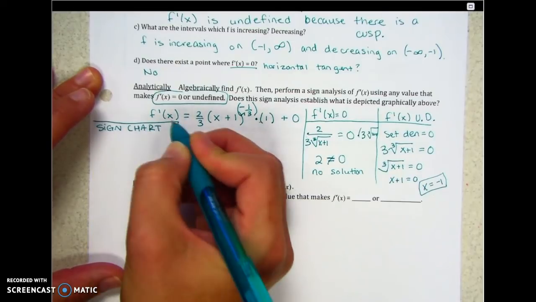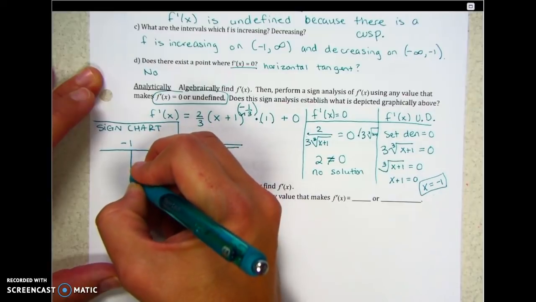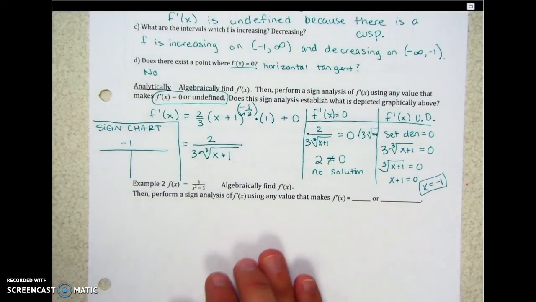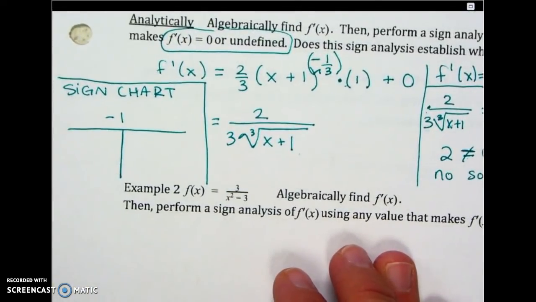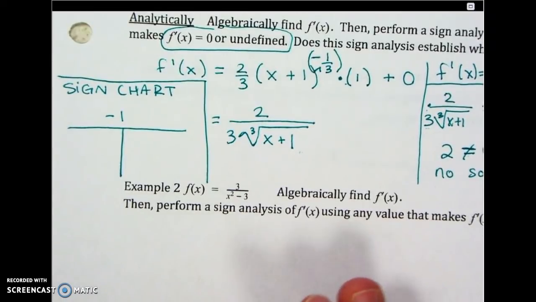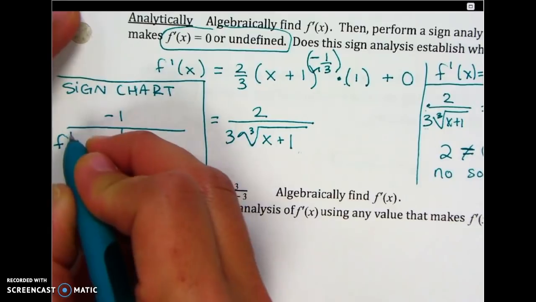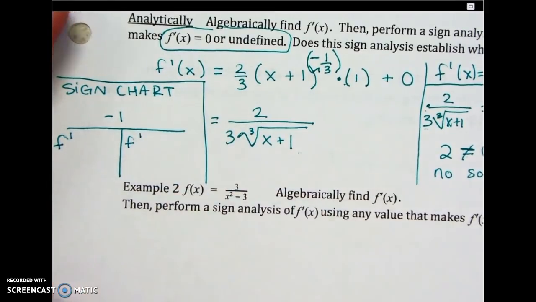Remember first derivative sign chart? -1 is our critical number, and we're going to plug these into the derivative to see if the derivative is positive or negative. And we already know it's going to be a minimum, right?